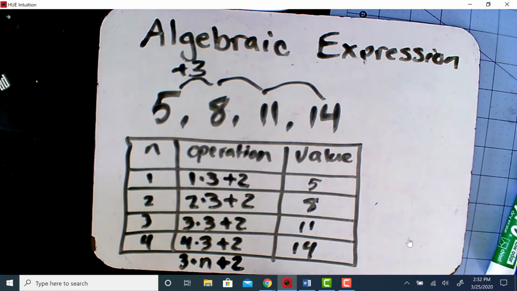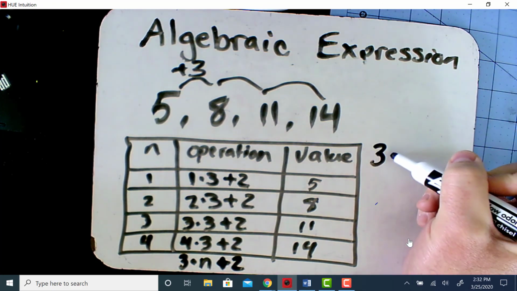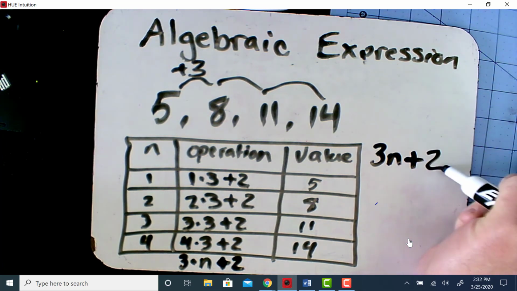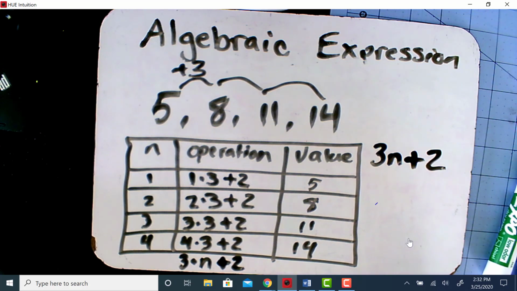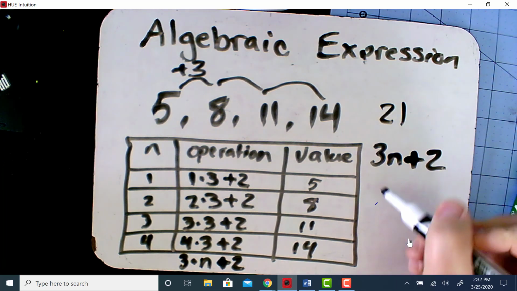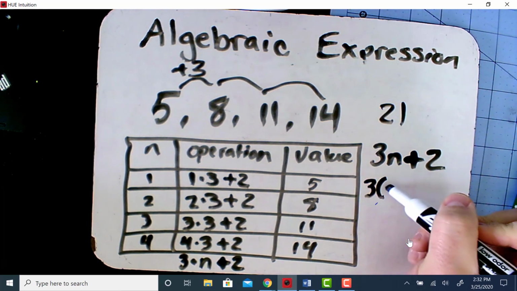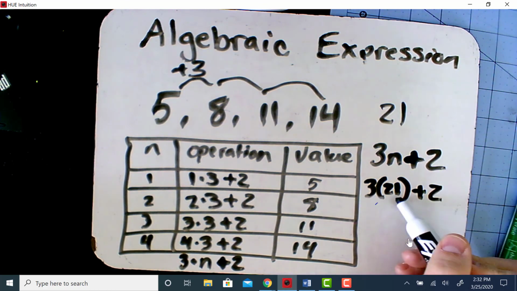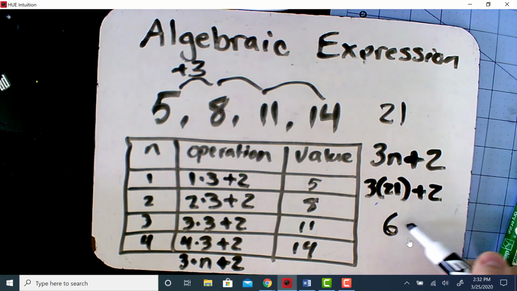And my expression becomes 3 times n, or 3n, plus 2. Once again, let's say I wanted to know what the 21st number in my sequence is. What I'm going to do is do 3 times 21 plus 2. That gets me 63 plus 2, so the 21st number in my sequence will be 65.